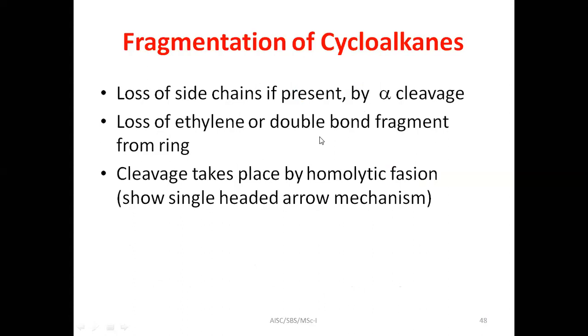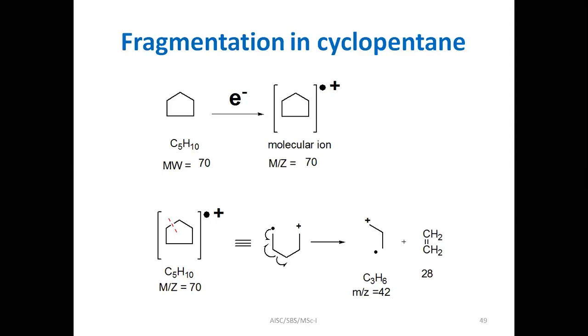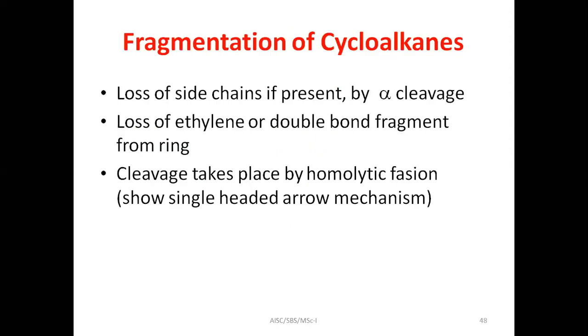Then next is the fragmentation of cycloalkane. Simple alkane, branch alkane, straightforward CH2, breaking of propyl, methyl, butyl, or any that gives positive charge. But in cycloalkane, cyclic structure, so it loses the side chain if present. The first way is the breaking of side chain by alpha cleavage.